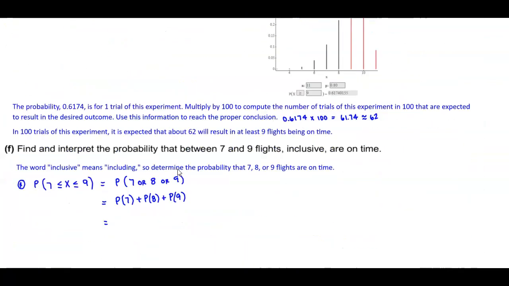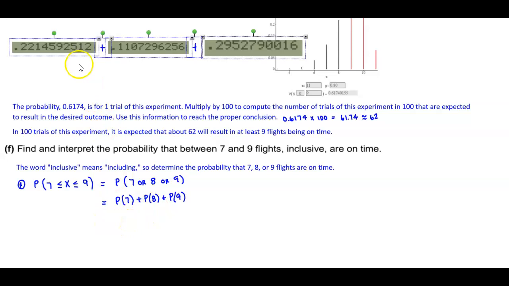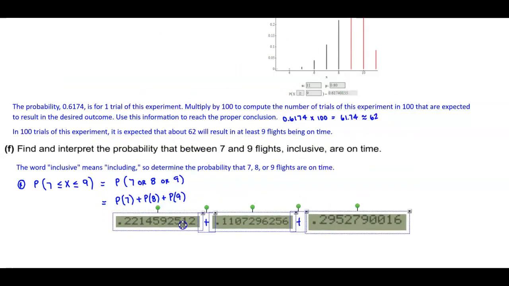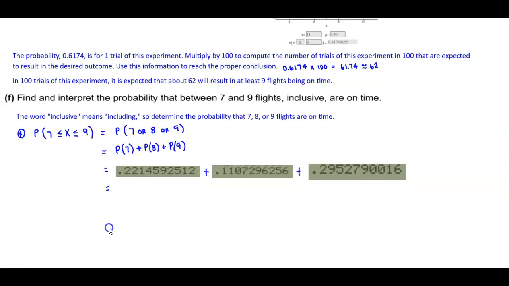So what we can do is take these numbers and add them up. If we add all those numbers up, then we would get the following probability, 0.6275.